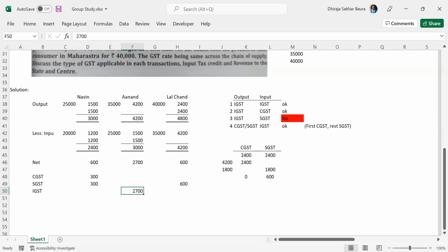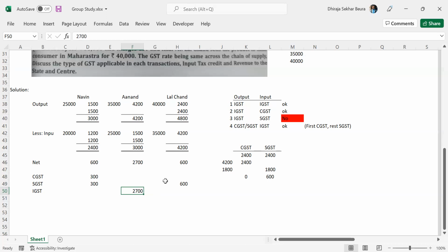All right, so Mr. Anand, output IGST is 4200 and input CGST 1500 plus 1500, 3000 rupees, right? Correct. And here we will be doing this first, CGST 4200 minus 1500, that will become 1700.